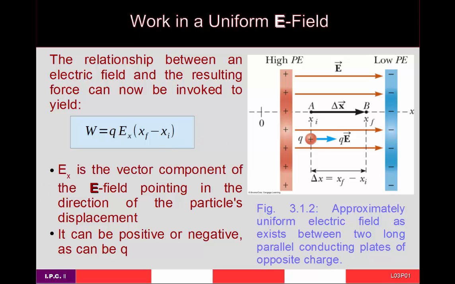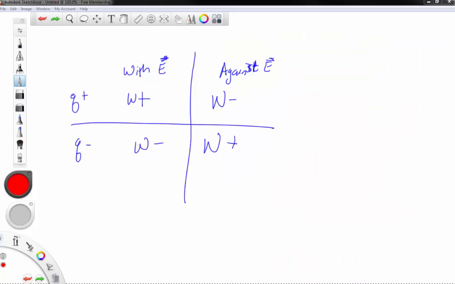So to return to that table that I made a moment ago, when I have a positive amount of work, I am therefore going to have a negative change in the potential energy. And when I have a negative amount of work, I will have a positive change in the potential energy.